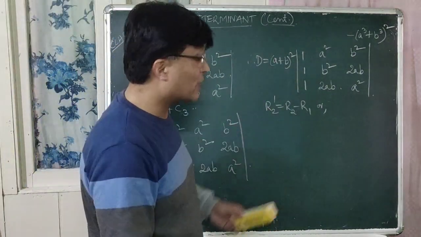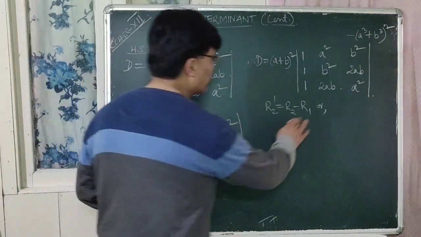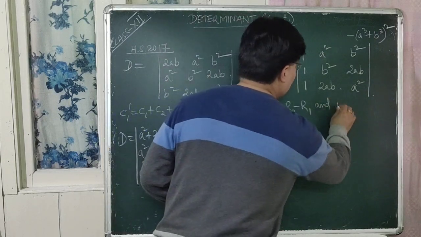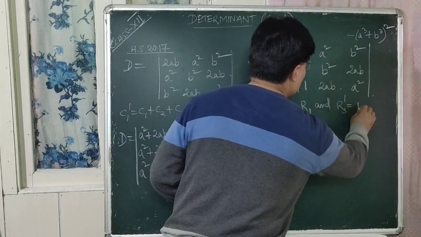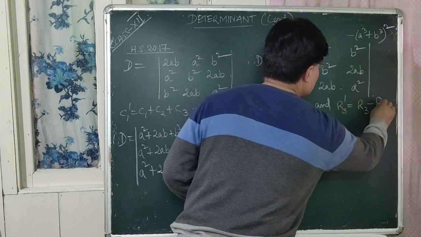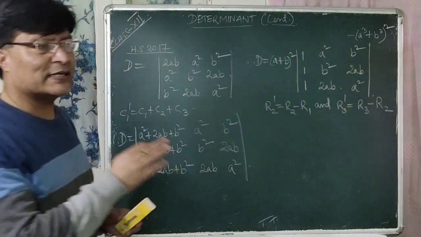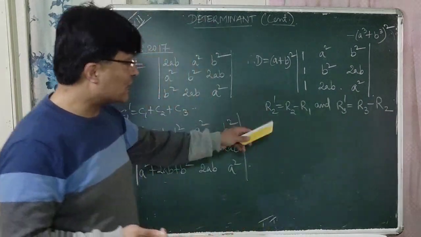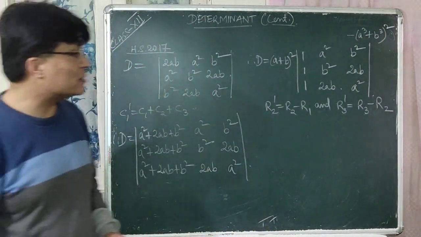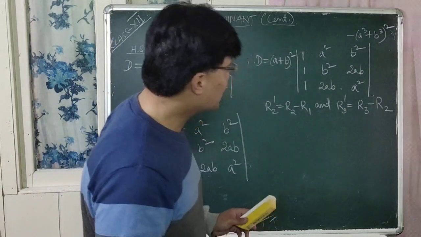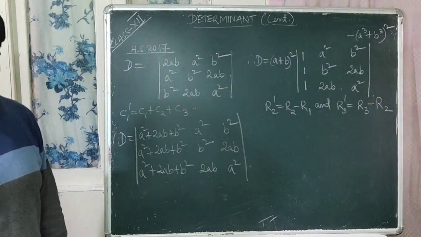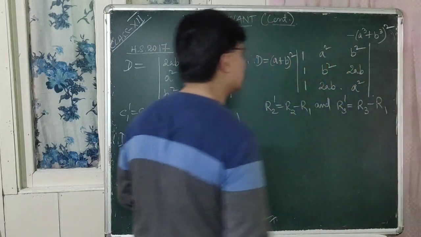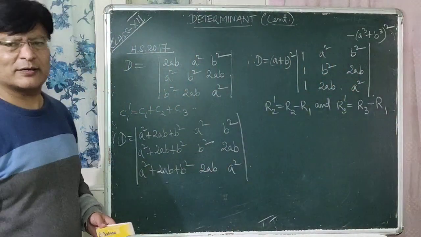And R3 dash is equal to R3 minus R2, or you may write R3 dash is equal to R3 minus R1 also. Okay, so let's do R3 minus R2. Is that clear to all of you? Or you may do R3 minus R1 also. Let's do R3 minus R1, right?